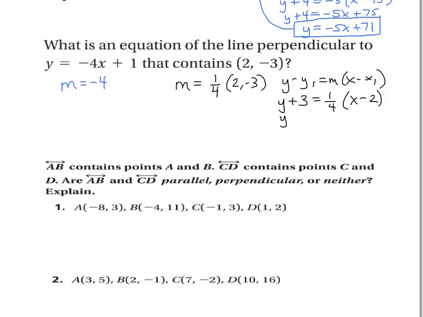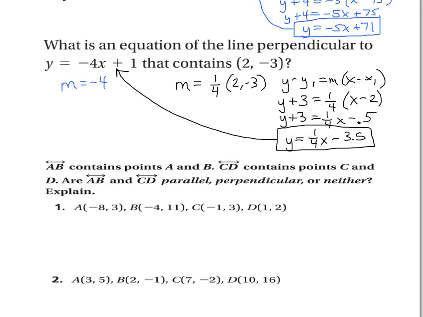When I distribute the 1/4, y plus 3 equals 1/4 x, and then 1/4 of 2 happens to be 2/4, which is -0.5, or 1/2. Now I want to subtract 3. And when I subtract 3, y equals 1/4 x minus 3.5. This line is perpendicular to that one because the slopes are opposite reciprocals.